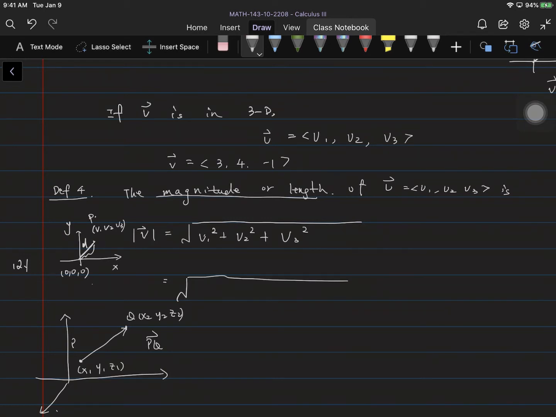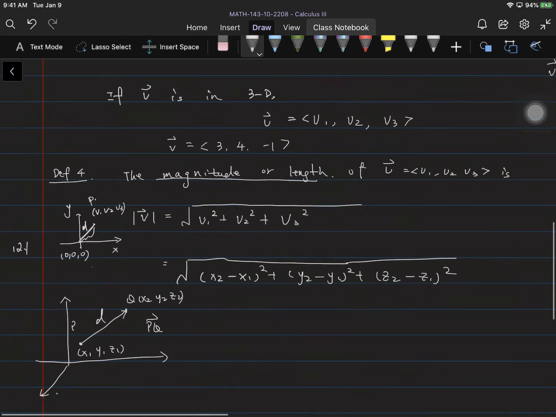The length of this vector is actually just a distance. So same as before: the square root of x2 minus x1 squared plus y2 minus y1 squared plus z2 minus z1 squared.